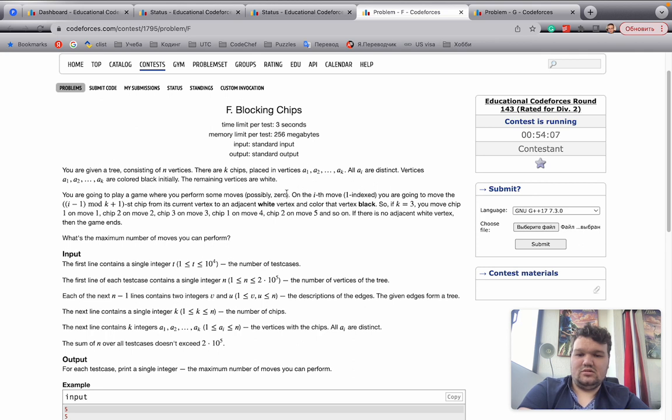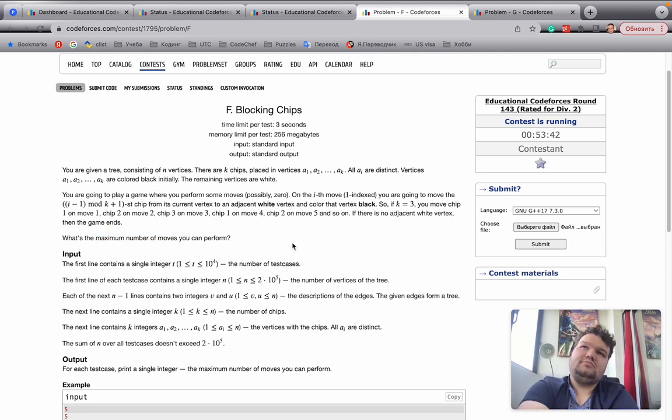So we iterate over all chips in cyclic order. We take a chip, move its current vertex to an adjacent white vertex and make it black. What is the maximum number of moves you can perform?